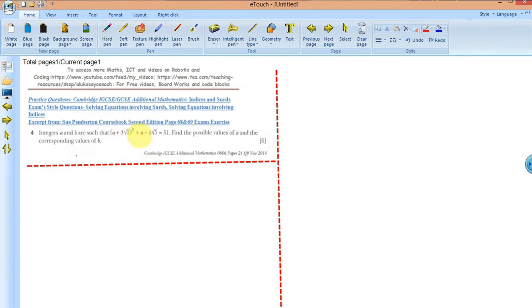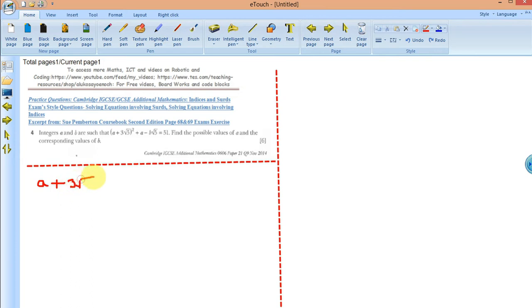the first thing is to separate the terms, so take this side to the right hand side. So I have (a plus 3 root 5) all squared equals 51.